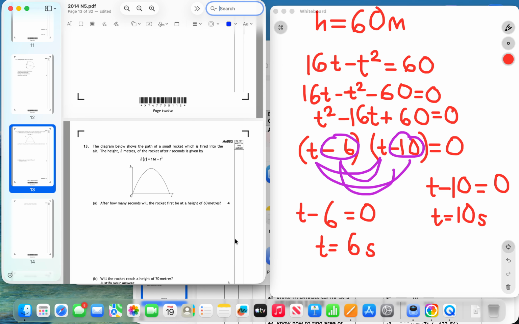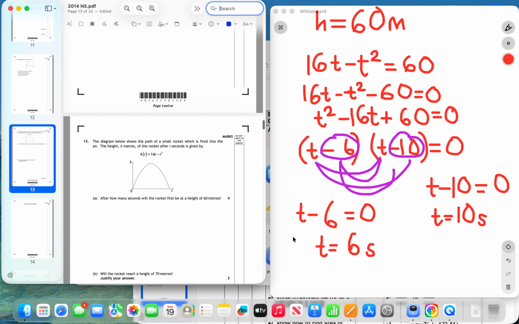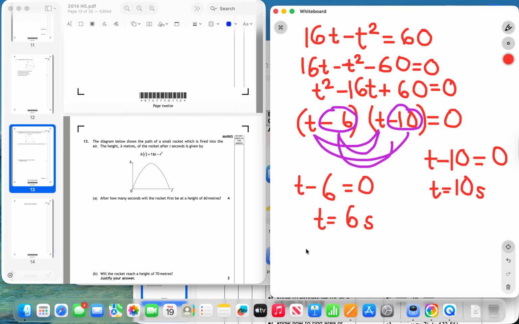So we do have to actually answer the question. So at the end of it, you do have to give the final answer. So the first time is 6 seconds. So that will be 6 seconds after the rocket is launched. And that is the final answer.